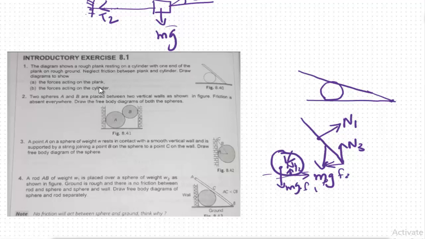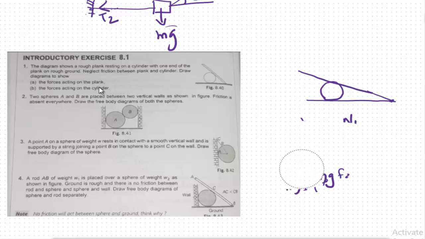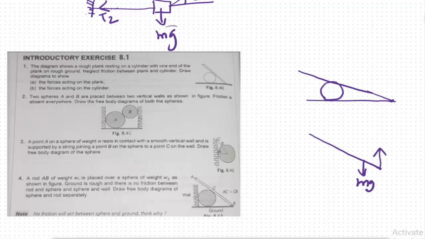Okay, clear? Should I explain it once more? I'll explain the whole thing once more. First we are representing the plank. The plank will be giving a force mg in the downward direction. A reactional force will be received from the ground towards the plank.